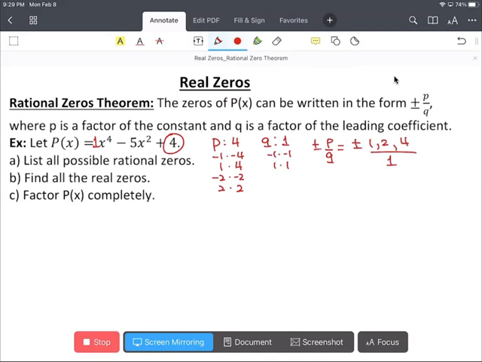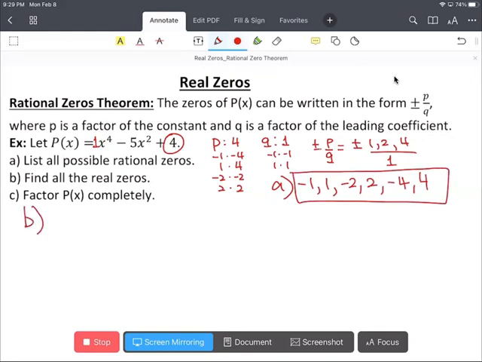And we can put one of the factors of p over one of the factors of q, but here we have only 1 in the denominator. So when we list all possible rational zeros, we have -1, +1, -2, +2, and -4, +4.